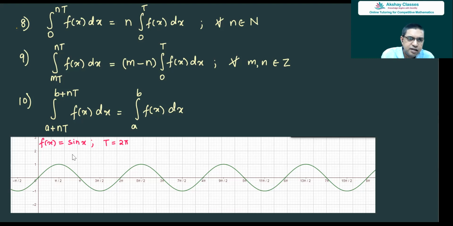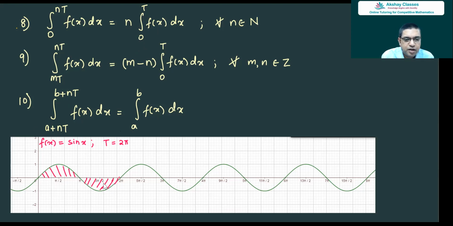Now when we are integrating over its period, from 0 to 2 pi, let us say, 0 to 2 pi is this length marked in red.